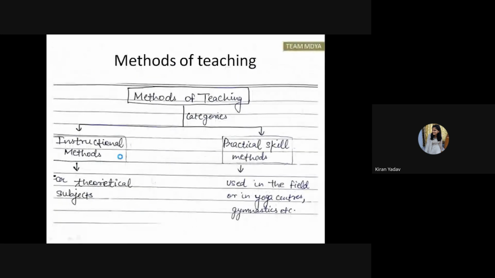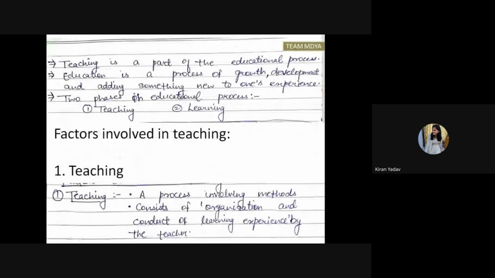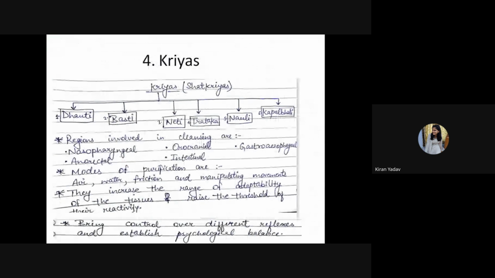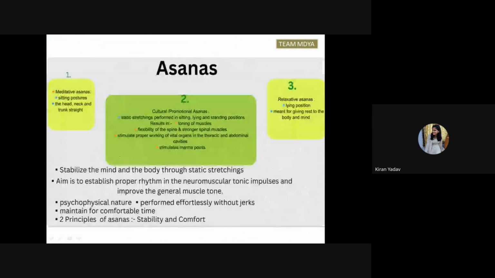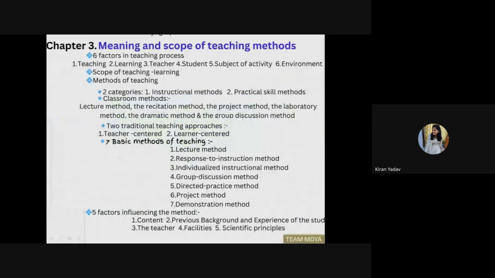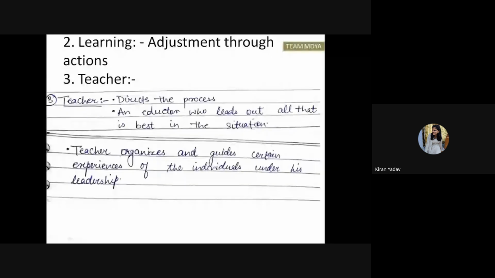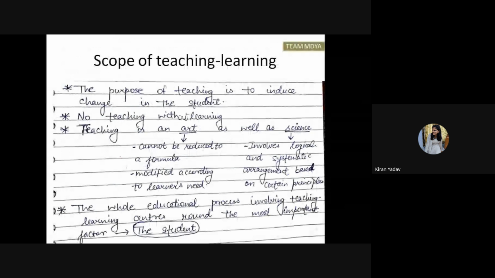So today what we learned: we studied the classification of yogic practices: asana, pranayam, bandha, mudra, kriya, meditation, and attitudinal practice training. After this, in chapter number 3, we studied the meaning and scope of teaching methods, the 6 factors involved in teaching: learning, teacher, student, subject of activity, environment, and scope of learning and teaching. We saw that teaching is an art as well as a science, and the student has the main role.